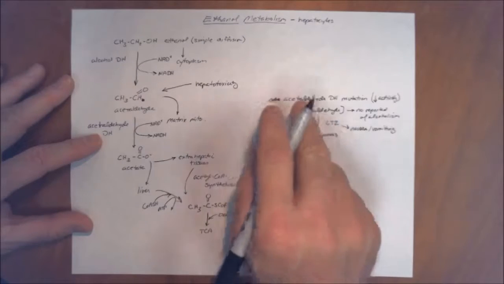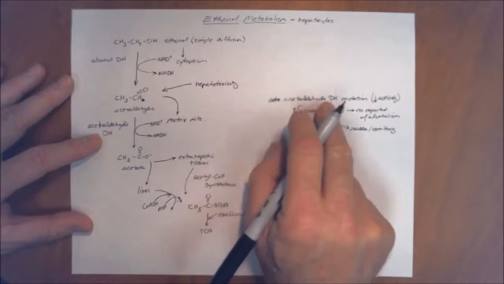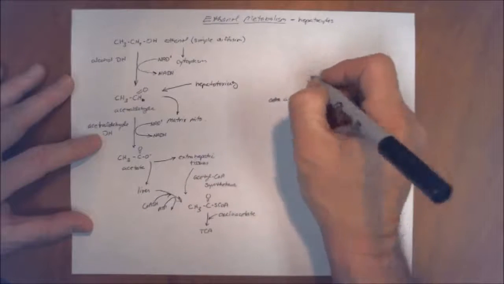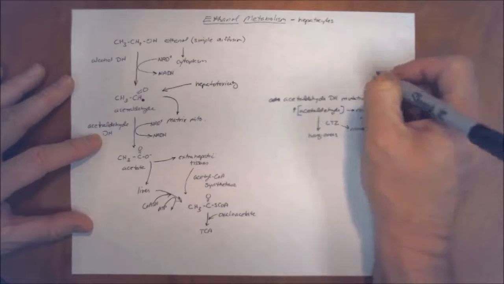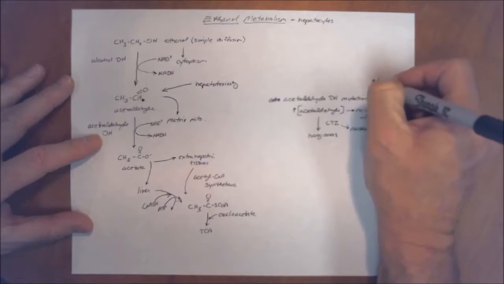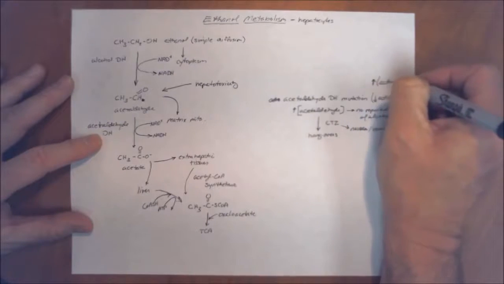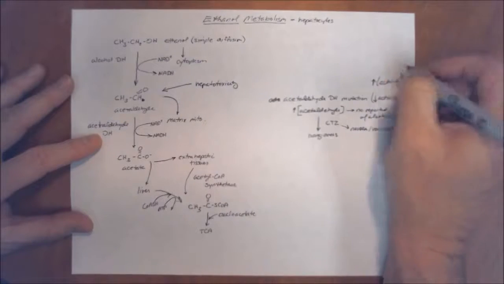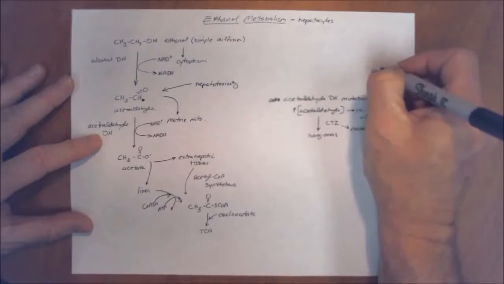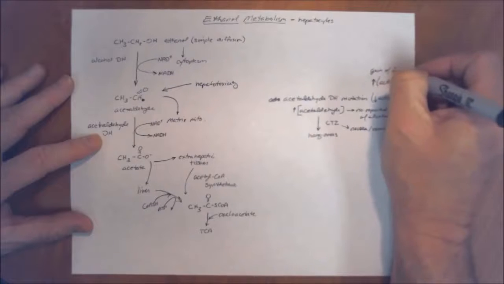On the flip side, acetaldehyde dehydrogenase mutations that cause an increase in activity. These are called gain-of-function mutations.